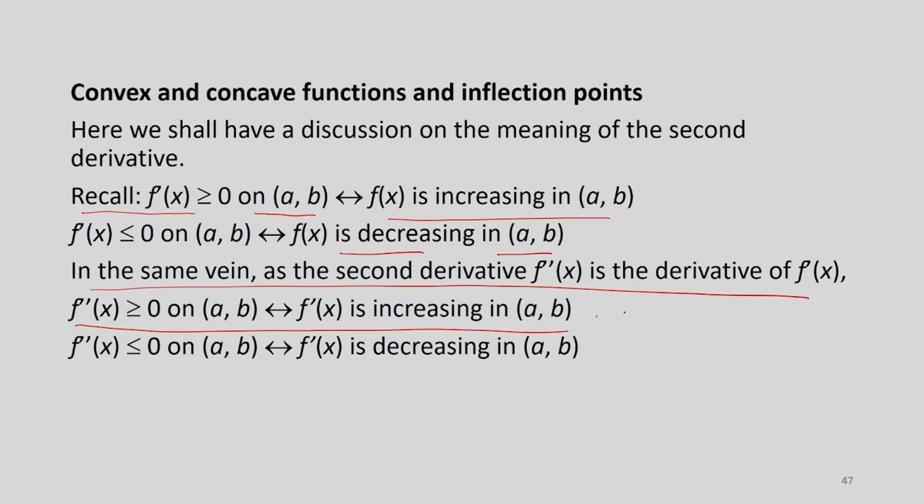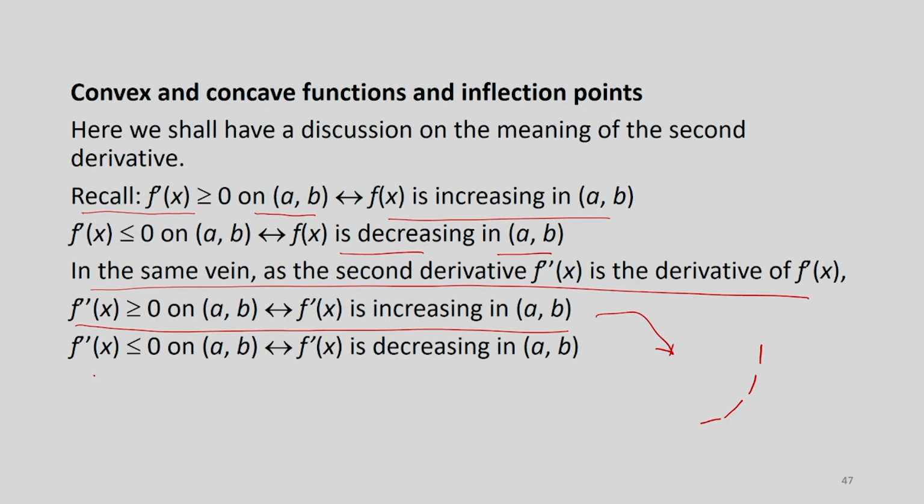So, let me show it geometrically. So, f dash of x is the slope, and that slope is increasing like this, right. So, this is like linearization of that curve or that function that we are talking about.